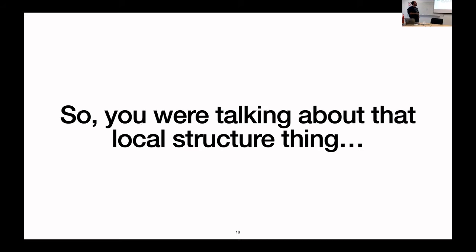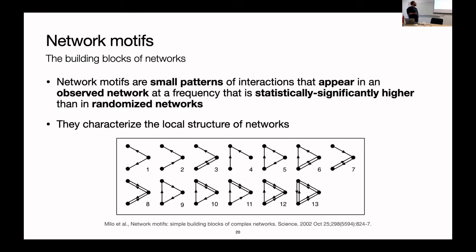So at the start of the talk, we also mentioned the work about the local structure of these hypergraphs. So let's start by introducing the notion of network motifs. Network motifs were proposed to characterize the local structure of networks.